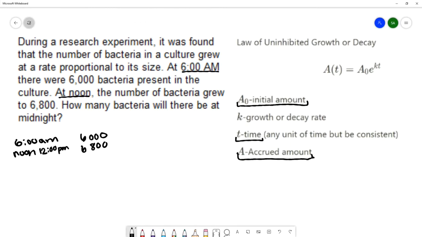So what we could do is associate 6 a.m. with our beginning time. So we could say t equals 0 hours is our beginning time. And then we need to figure out what noon is. So noon would be 7, 8, 9, 10, 11, 12. That's going to be 6 hours later.